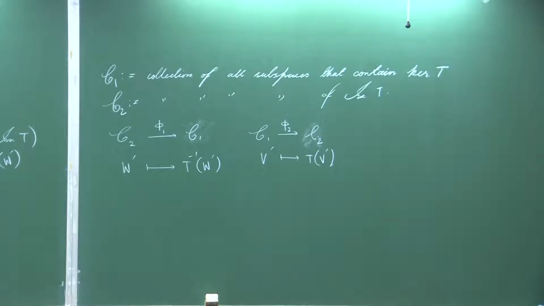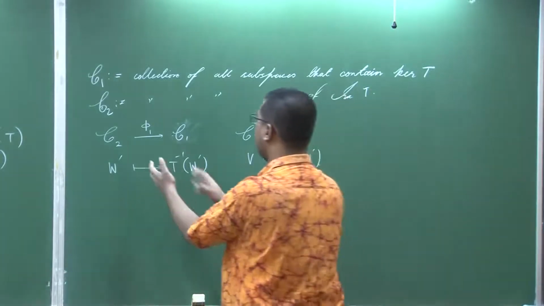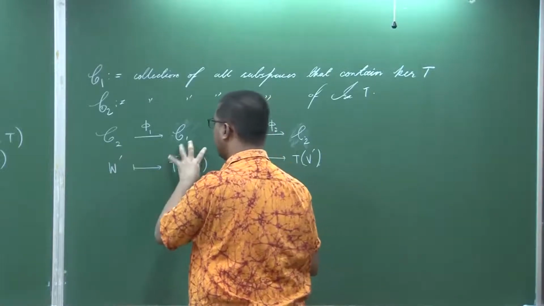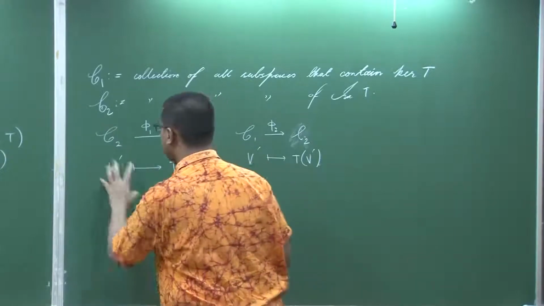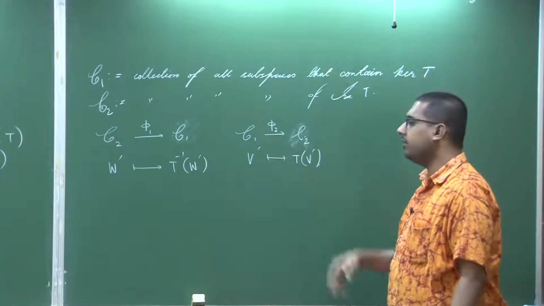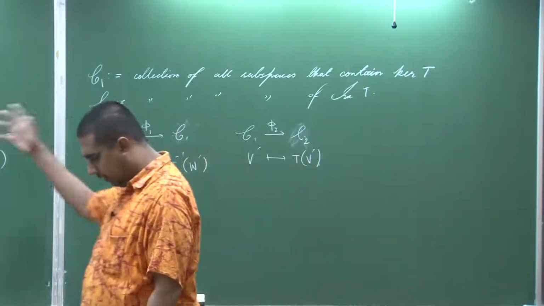On one hand we have all subspaces of V containing kernel T, on the other hand we have all subspaces of image of T, and we have a mechanism to construct a subspace containing kernel of T from a subspace of image of T, and a mechanism to construct a subspace of image of T starting with a subspace of V containing kernel of T.